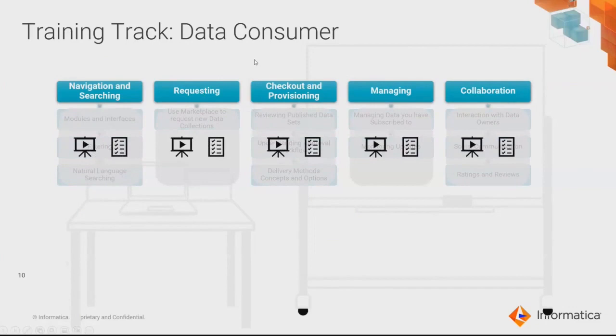So step by step, how to navigate through Marketplace to find a particular data set that's useful to you, how to check it out, and then things like data that you've subscribed to, making sure that it's current, providing ratings and reviews to the owners of that data, and so on. So good data consumer track for them to follow.